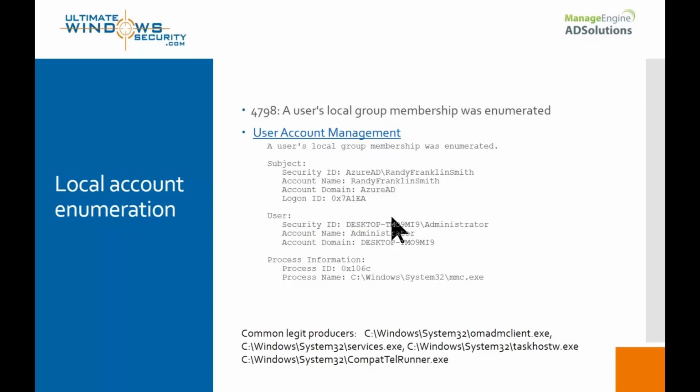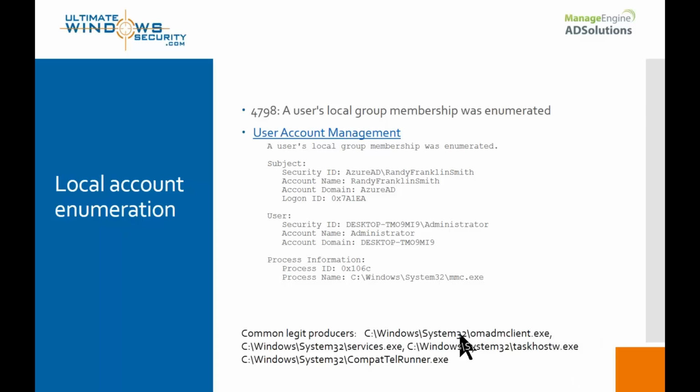There are programs that check local group membership, and it's legitimate. There's nothing wrong with it. It's innocent. So one of the things that we always have to do is baseline. We've got to baseline our common legitimate producers. Here's just a few that I know of from my Windows 10 workstation.